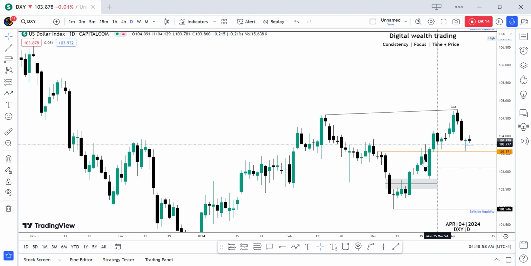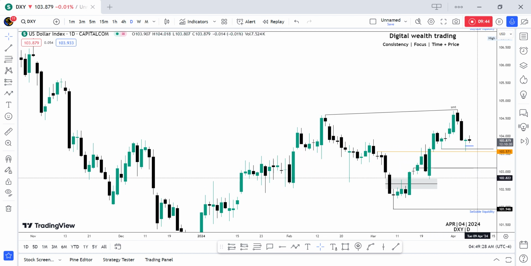So this is the DXY daily contract for Thursday, April 2024. Now we could see that the DXY traded lower, and now we have filled the weekly fair value gap, and also tapped on the very bullish order block, just a tick on the bullish order block.